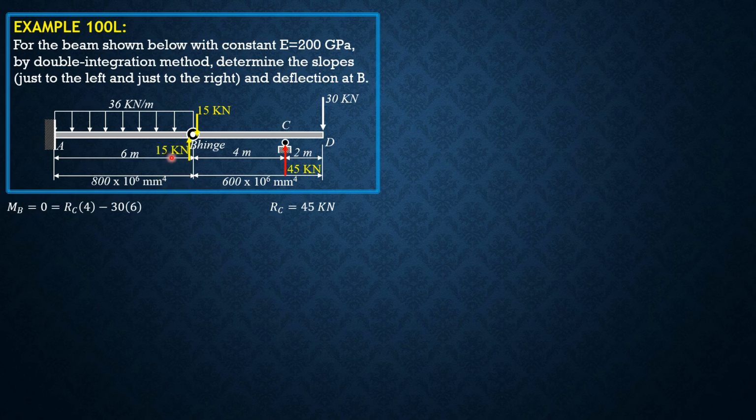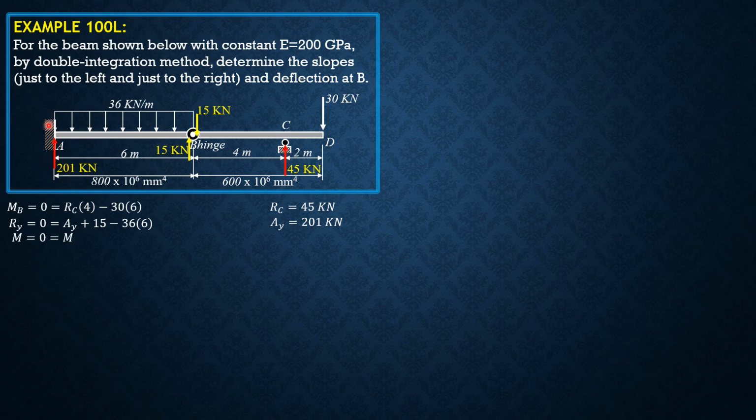Considering now AB, summation of forces in Y equals 0, so we have AY plus 15 minus 36 times 6. So AY is equal to 201 kilonewtons. Let's show it there. Then let's assume that moment is positive clockwise.